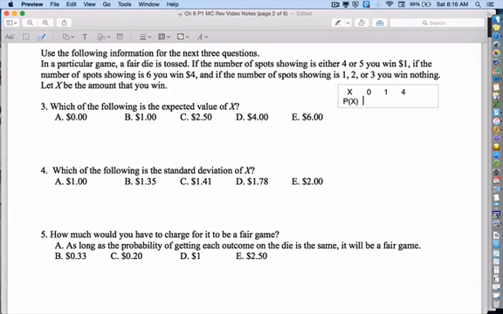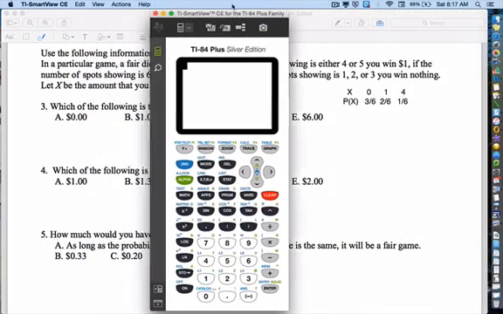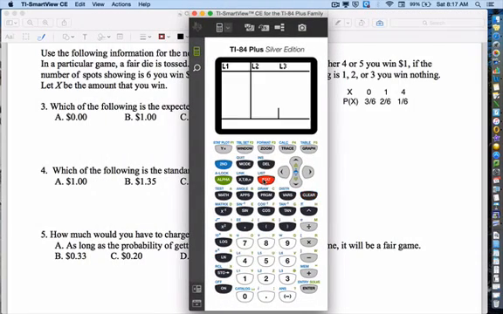And then in terms of probability, if I roll a 1, 2, or 3, then I win nothing. If I roll a 4 or a 5, so 2 out of 6 ways that I would win $1, and there's only 1 out of the 6 ways that I win $4. And this is what I'm going to enter in as my probability distribution. So calculator time again. Stat enter, 0, 1, and 4, my winnings go in list 1.